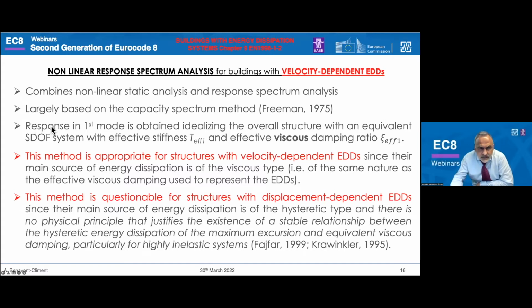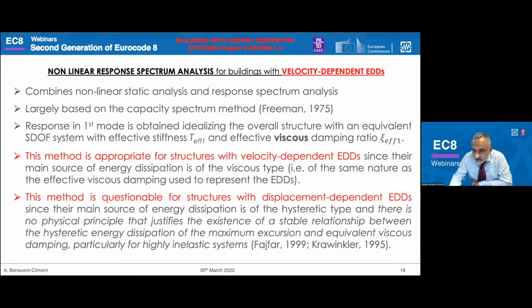In this method, the response in the first mode is obtained by idealizing the overall structure with an equivalent single degree of freedom that has an effective stiffness, TF1, and an effective linear viscous damping ratio, ξF1. This method is appropriate for structures with velocity-dependent dampers, since their main source of energy dissipation is of the viscous type.